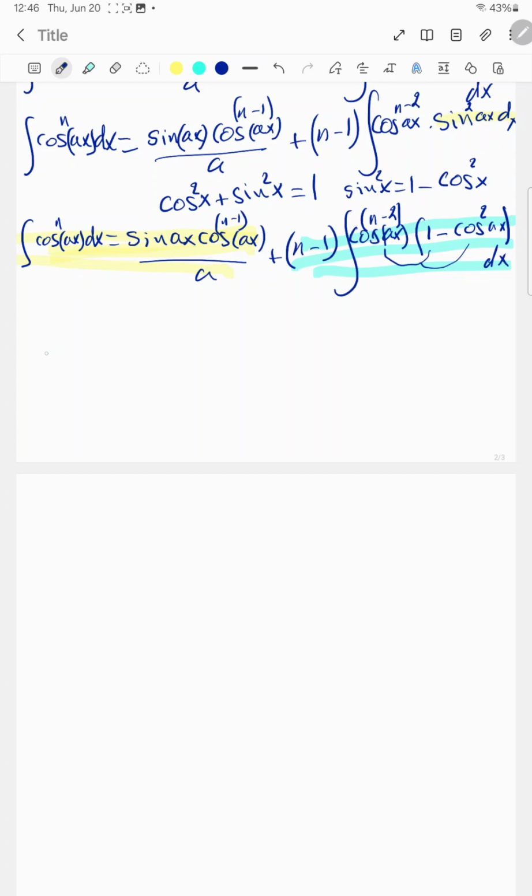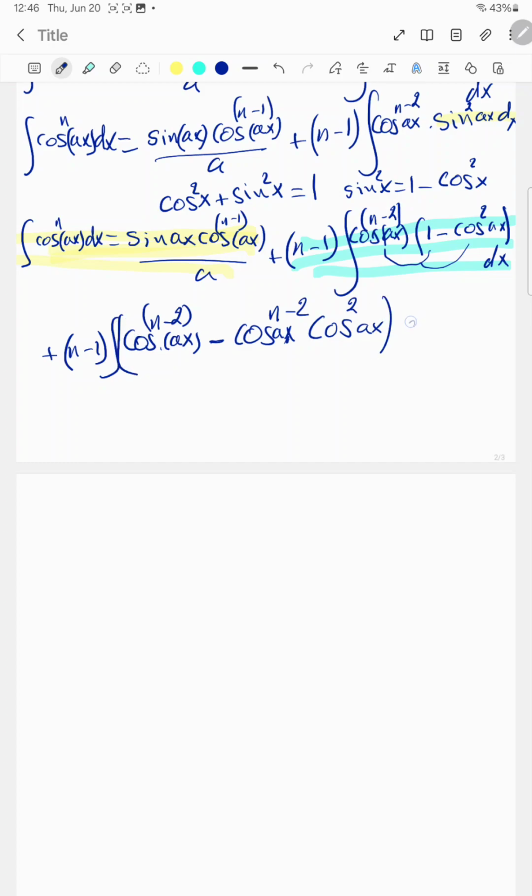So I have the plus here, n minus 1 integral of cosine n minus 2 ax times 1 stays the same, minus cosine n minus 2 times cosine to the power of 2, and I have ax here and I have ax here. All that is dx.